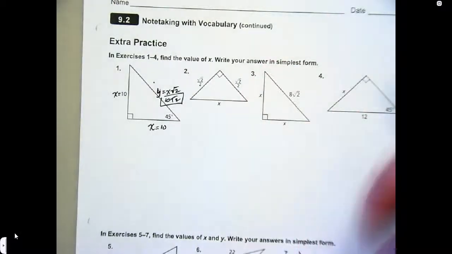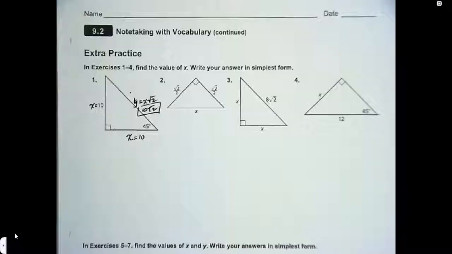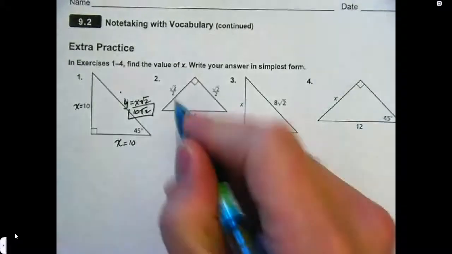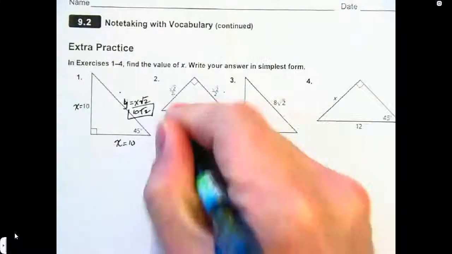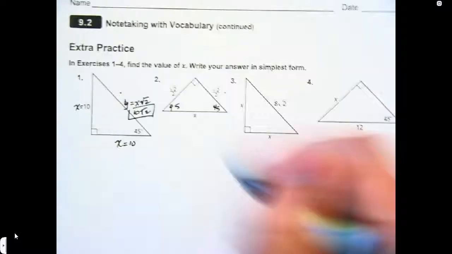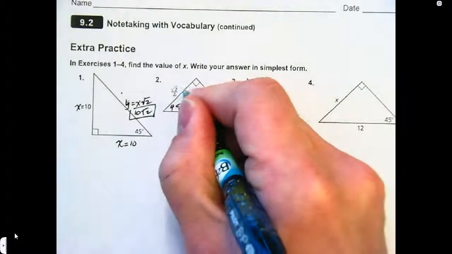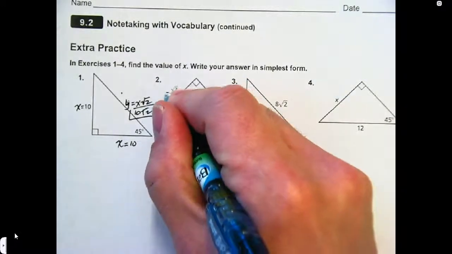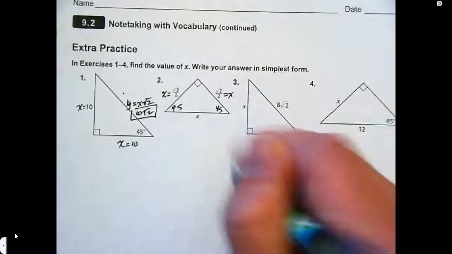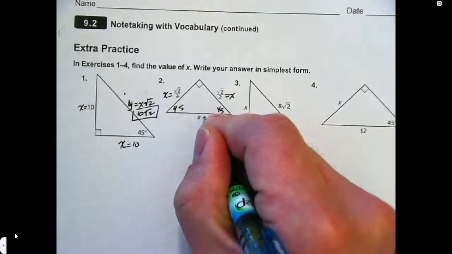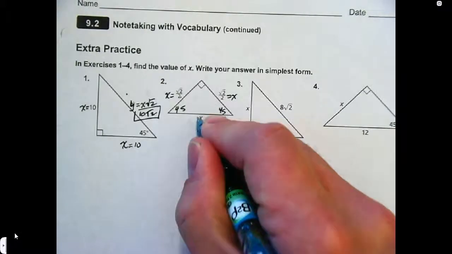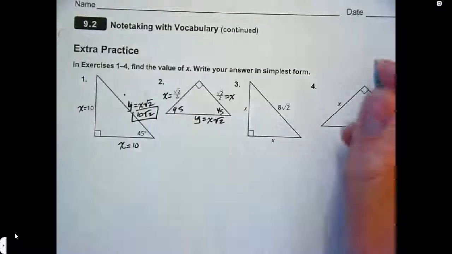So, what you want to do is you want to start setting up equations. So first you have to recognize, hey, that's the same and that's the same, meaning that this is a 45, 45, 90 triangle. And the legs of 45, 45, 90 are equal to x. The hypotenuse is equal to x root 2. Now, once again, I know it's weird if that says x, and so I'm just going to call that variable y to make it less confusing.